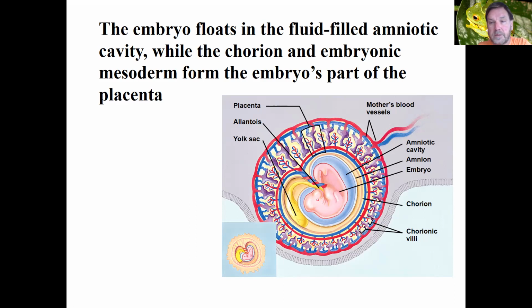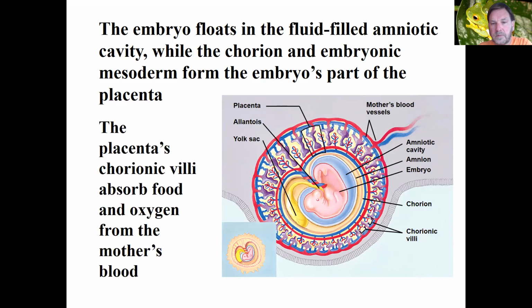Humans aren't the only amniotes that have amniotic eggs. They include reptiles and birds and other mammals. But you also have chorion and embryonic mesoderm, which together form part of the placenta, which is the interface between the mother's blood system and the developing fetus.